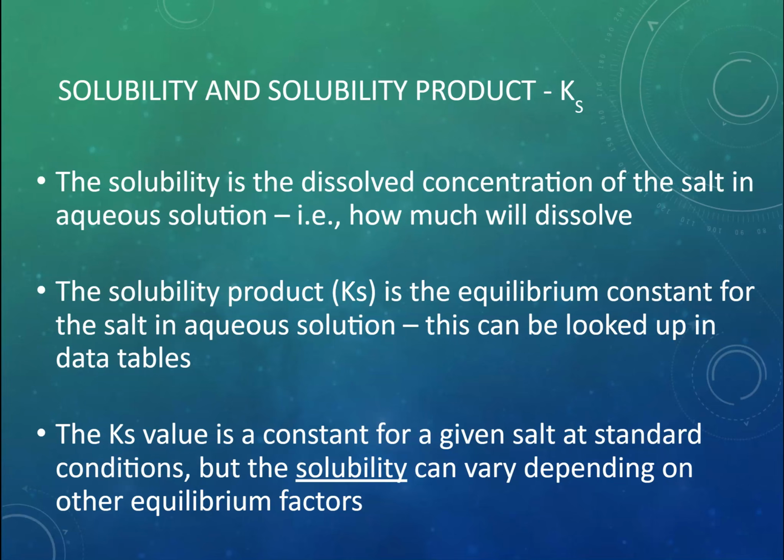So just to be really, really clear, Ks is a constant, but the solubility can change. Okay, that's really, really important to be aware of, because a lot of this topic will involve you figuring out how the solubility changes when we change certain factors.